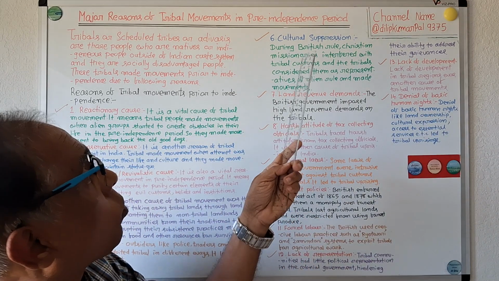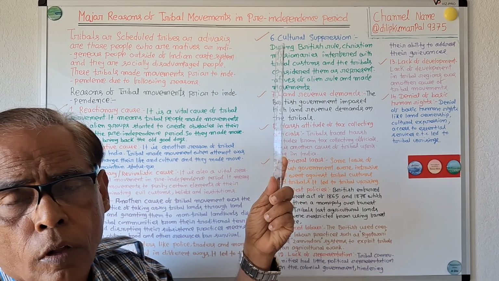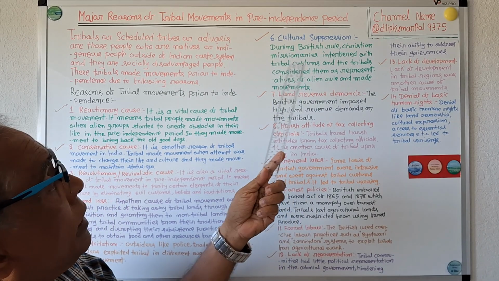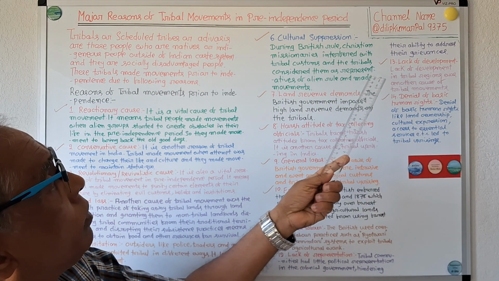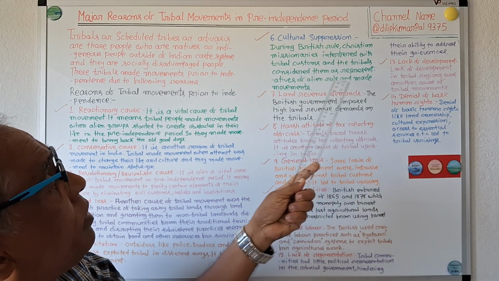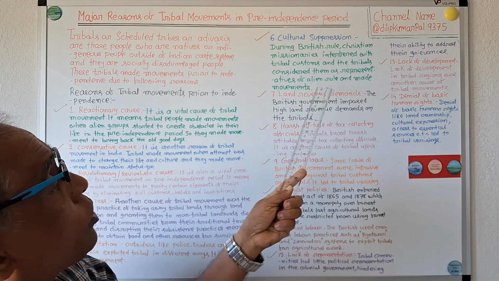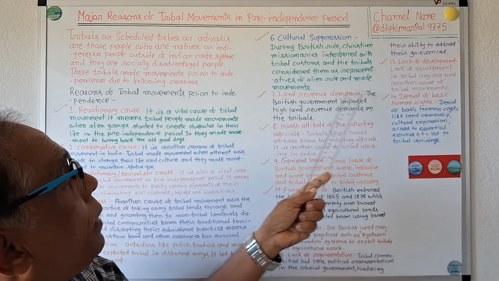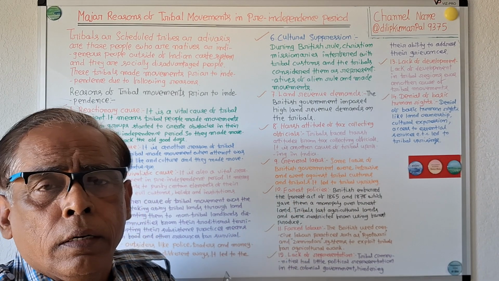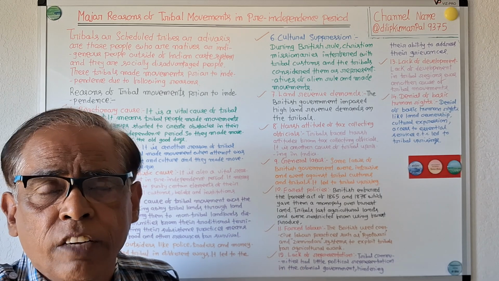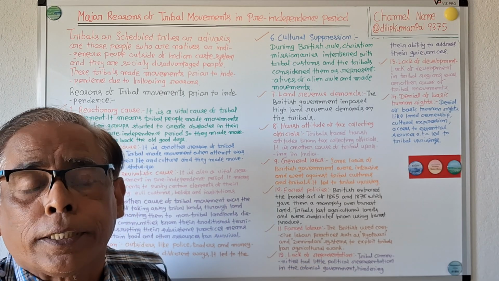Sixth one is cultural suppression. What is cultural suppression? During British rule, Christian missionaries interfered with tribal customs and tribals considered them as representatives of alien rule and made movement. Another cause of tribal movement prior to independence was cultural suppression.